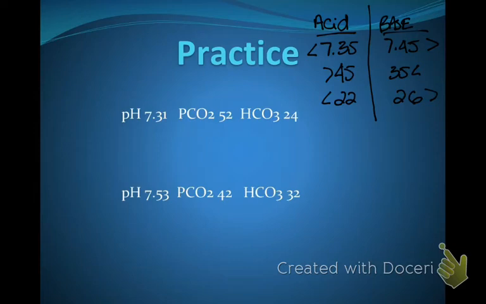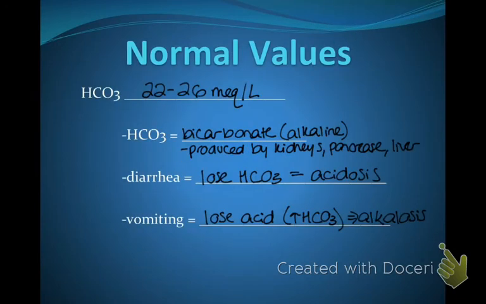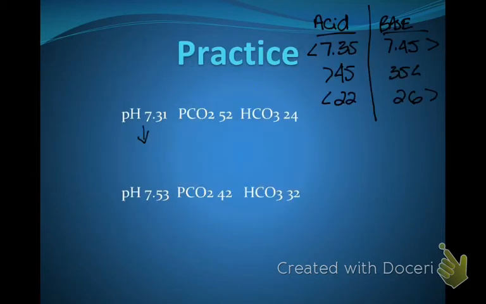It's a base. So looking at our practice, the pH is 7.31. I'm sorry about that. Let's go back. So pH is less than 7.35, so at this point we're acidotic. We're looking at this right here.